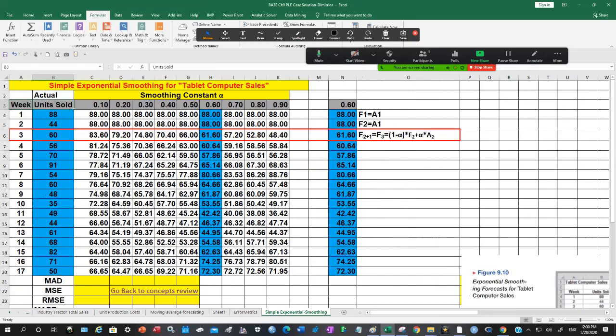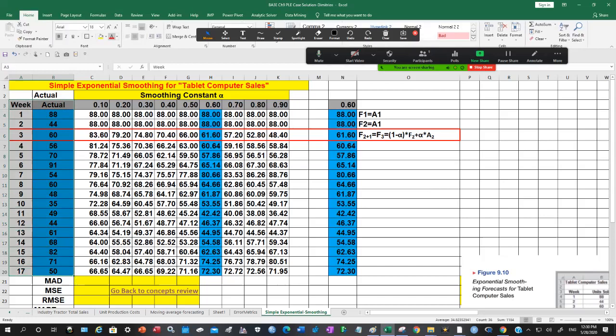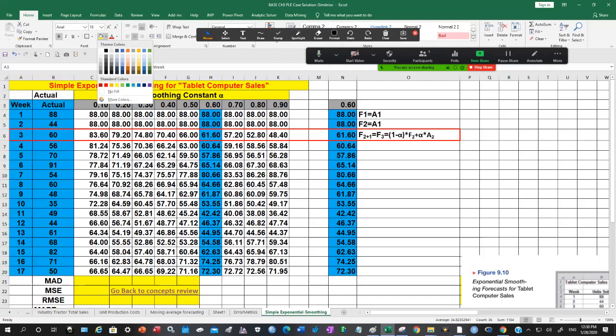So let's call this actual here. Actual, let's call it actual, okay? And then the 0.6, the forecasted values when alpha is 0.6. So I'm going to select, let me color all the columns that I'm going to select in blue. So I'm going to color these 3 columns in blue. I'm going to select these 3 columns.